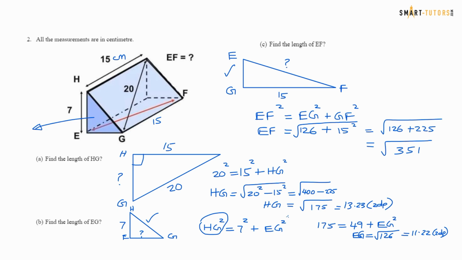Let me type that in the calculator to check that I don't make any calculator mistake. 126 plus 225, and that is giving 351, so the correct answer we got, and I'm going to take the square root, which is 18.73. So 18.73 to 2 decimal places. So that is the third part of question number 2.